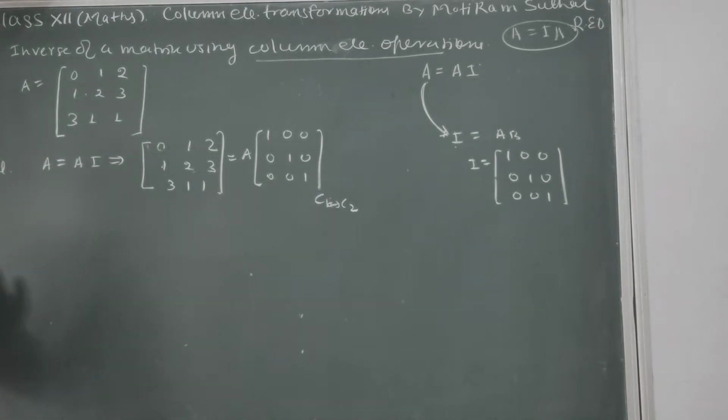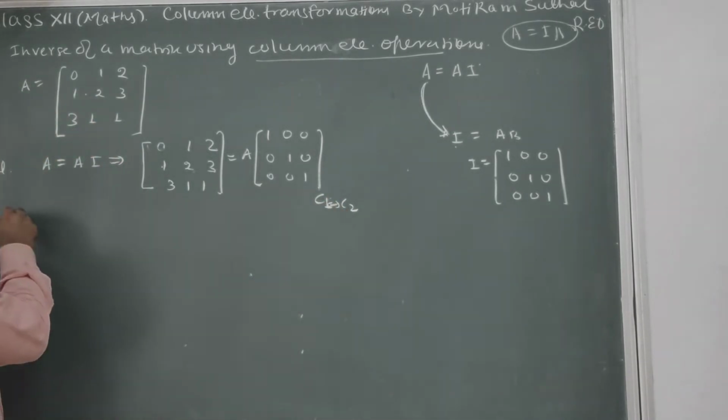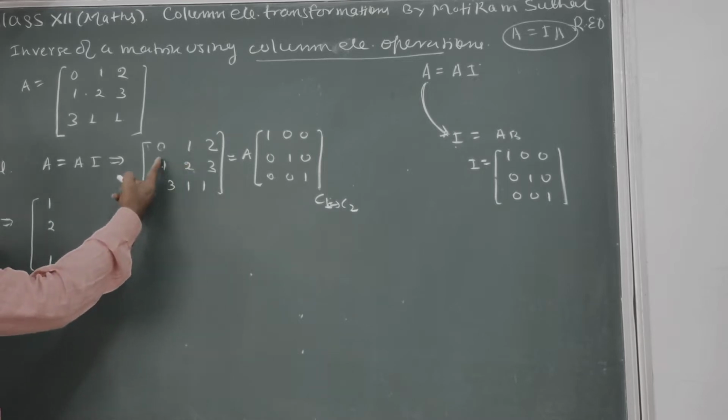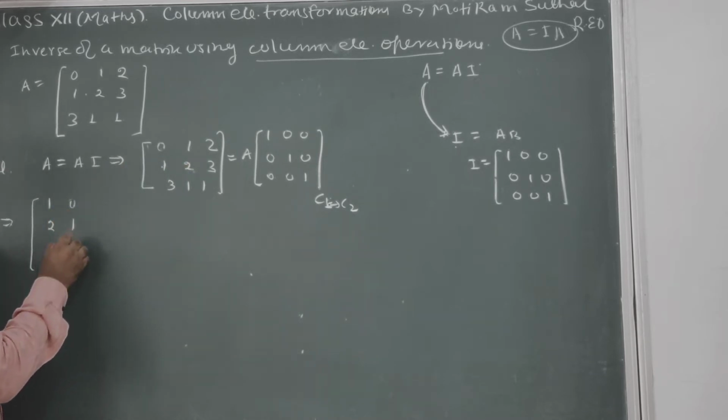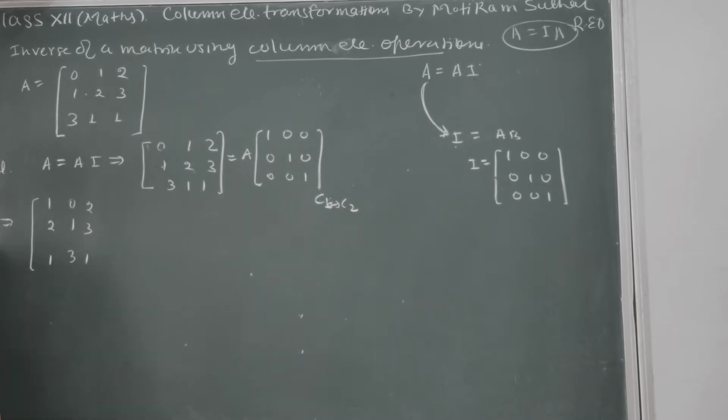Column first and column second are interchanged. So one can write here the first column into the second. So this is the second column, we write it first.